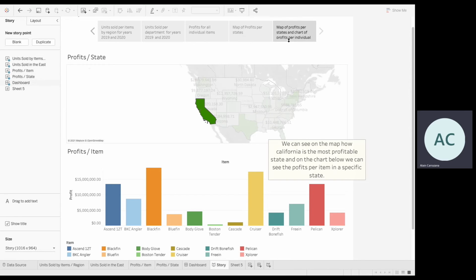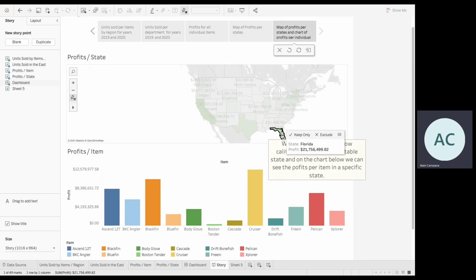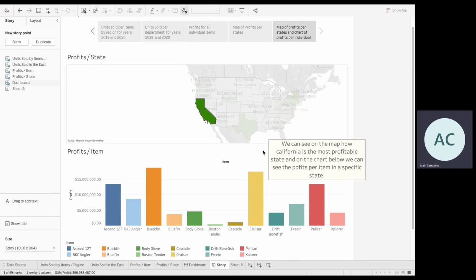And then we have the map of profits and the chart of profits per individual item. So this is basically the dashboard, and it shows the profit per item if you click here on a state. So for example, let's go to California, being the top profitable state in the country, we can see profits per item here.